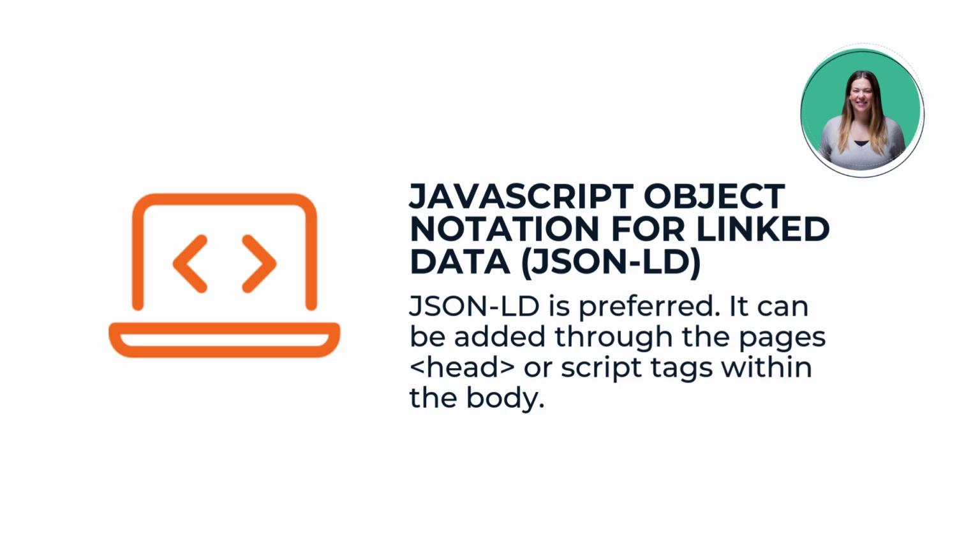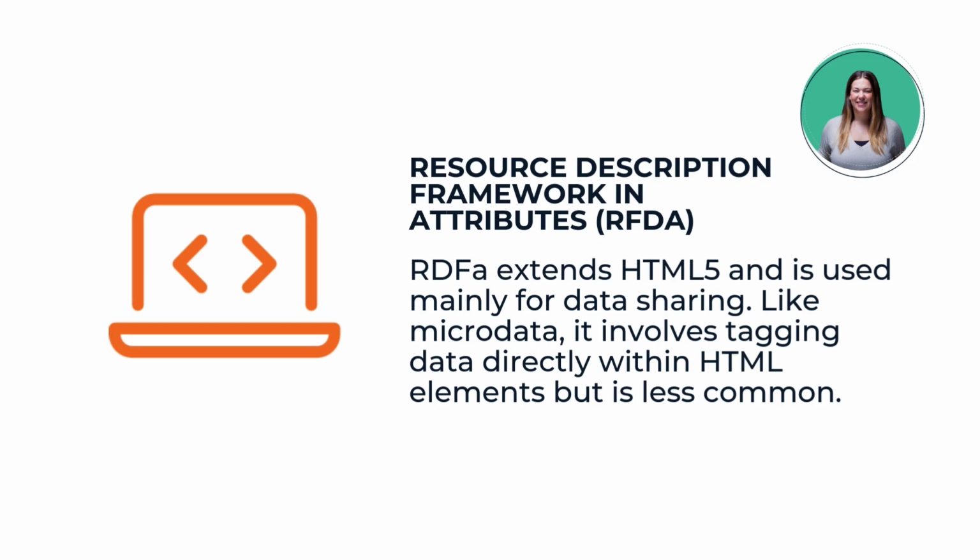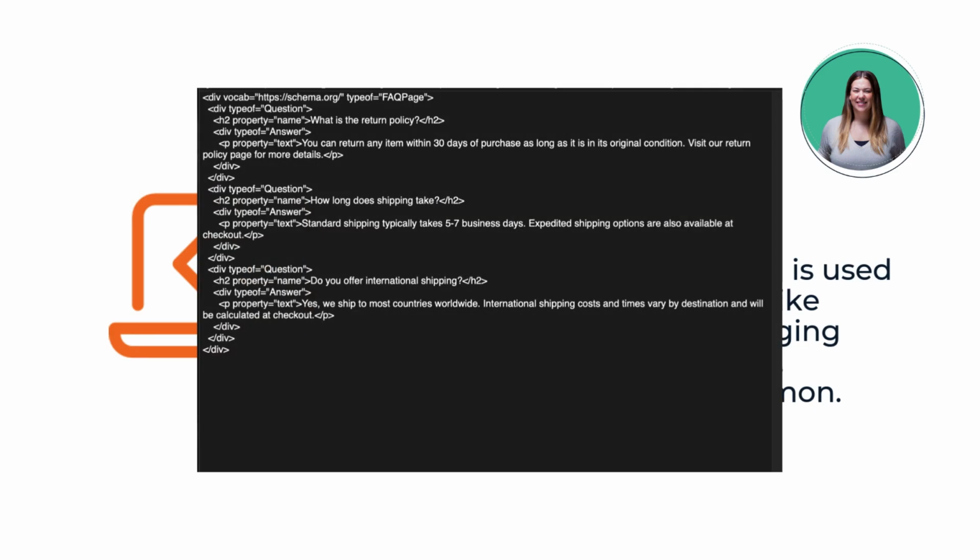This is added through the page's head or script tags within the body. The last one we're going to go over is RDFa, Resource Description Framework in Attributes. This extends HTML5 and is used mainly for data sharing. Like microdata, it involves tagging data directly within HTML elements but is less common.